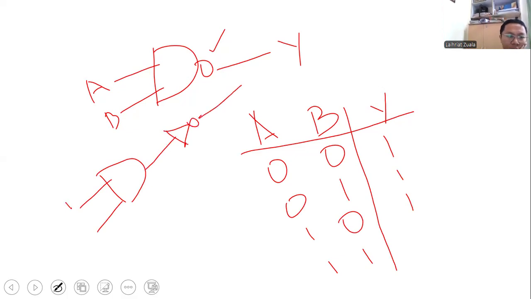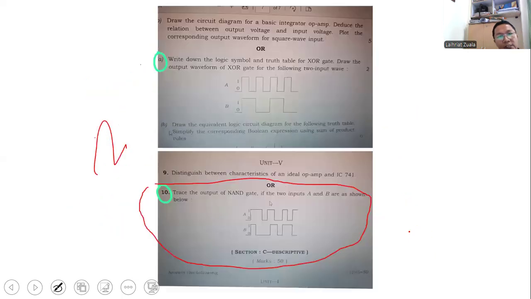So the output of the AND gate is 1, and there is a NOT here, which means the output will be 0. So when either of the inputs A and B is 0, the output will always be 1. When both inputs are 1, the output will be 0. So that is the case.